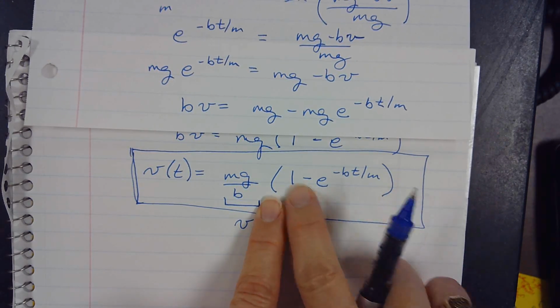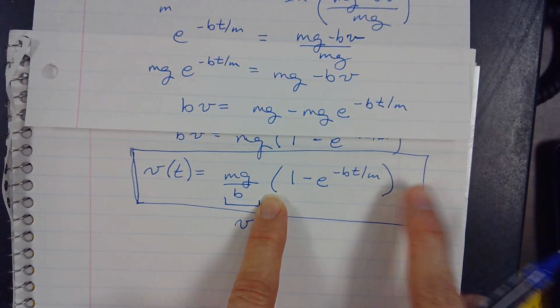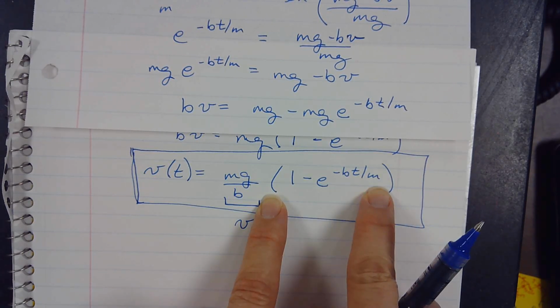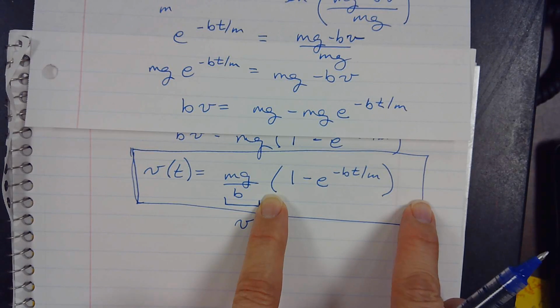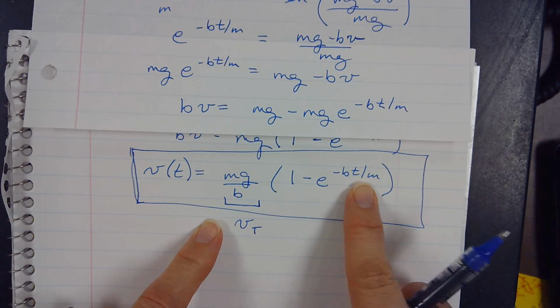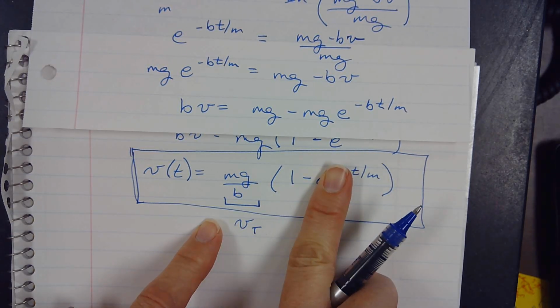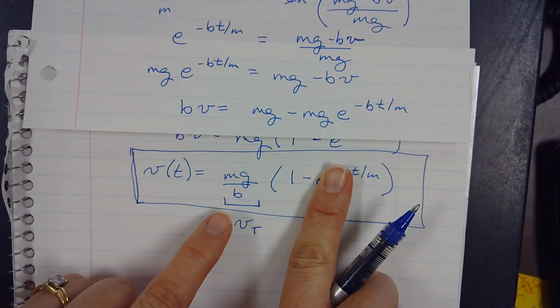So this whole inside the parentheses is actually growing. Because more time, this term gets smaller, 1 minus a smaller and smaller number gives you a bigger and bigger number. And then you're growing based on what the terminal velocity is going to be. So after infinite time, this term goes to 0, your velocity is equal to the terminal velocity.